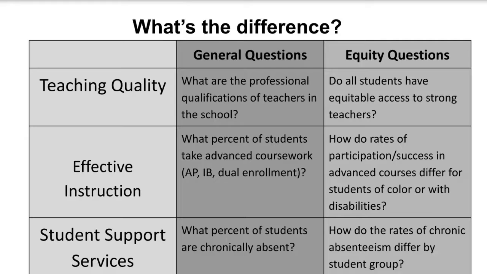In addition, we collect information on the percentage of students who are chronically absent. However, to take it a step further, including equity is to look at how the rates of chronic absenteeism differ by student group.